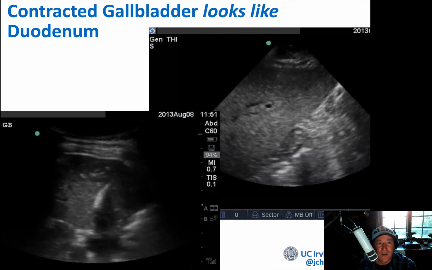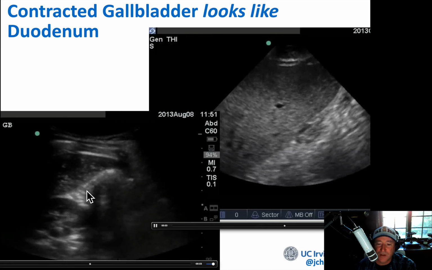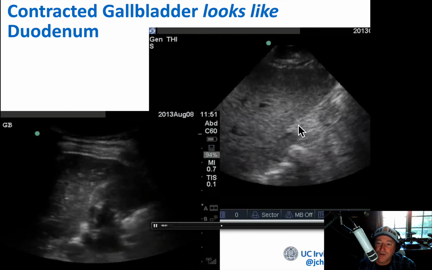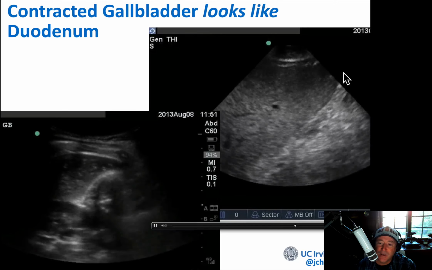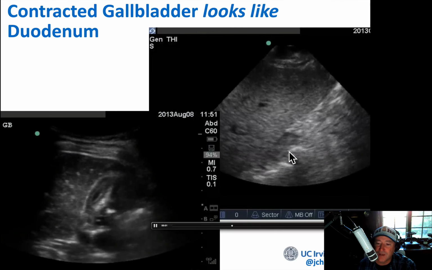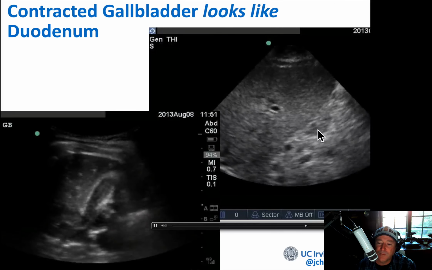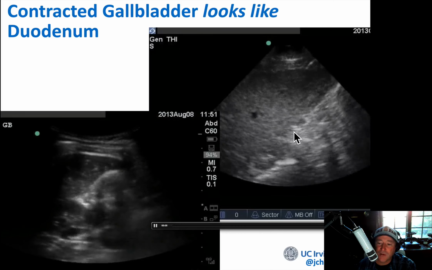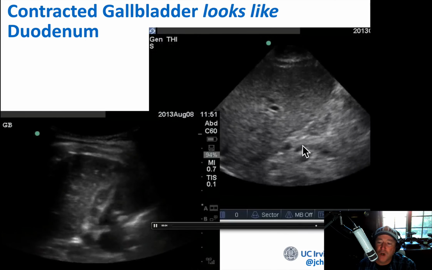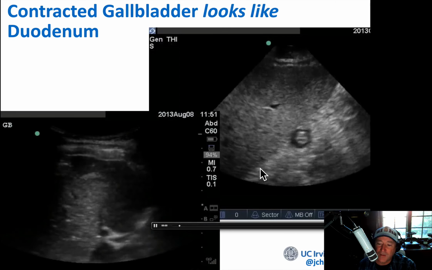But the problem is with these contracted gallbladders, they do kind of look like the duodenum. But notice that this duodenum here is outside the margin of the liver. It's subtle. I'll give you that. But the duodenum, the outer wall appears very hypoechoic to me. There's a much more prominent, I would say, hypoechoic ring around that duodenum.